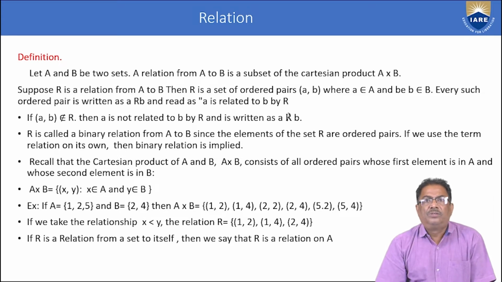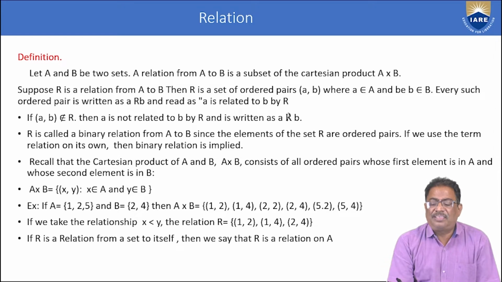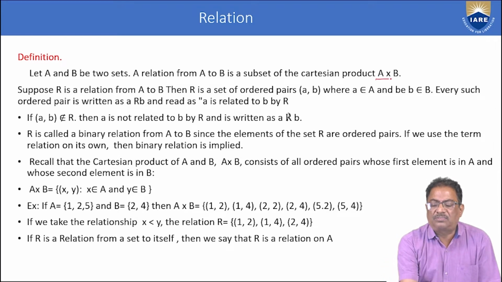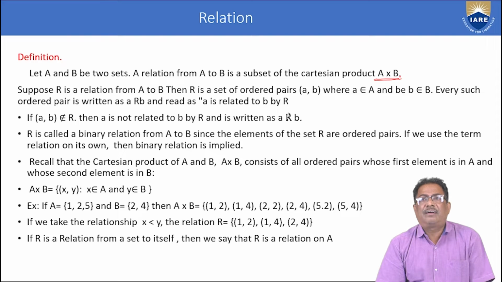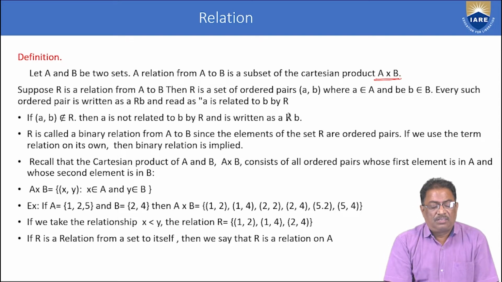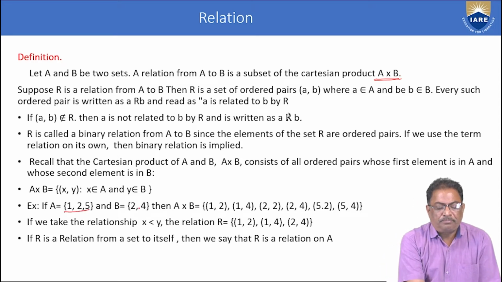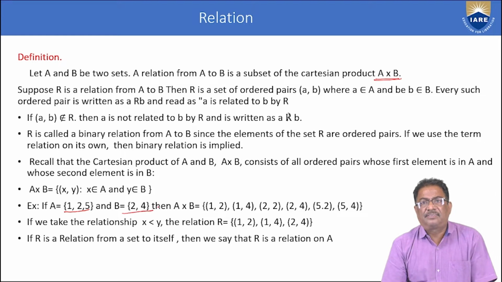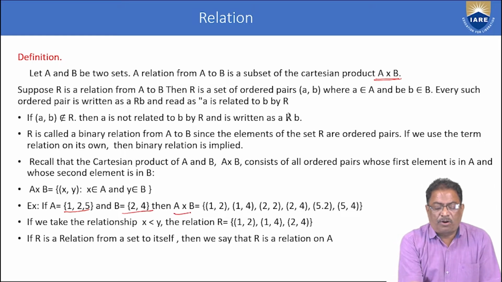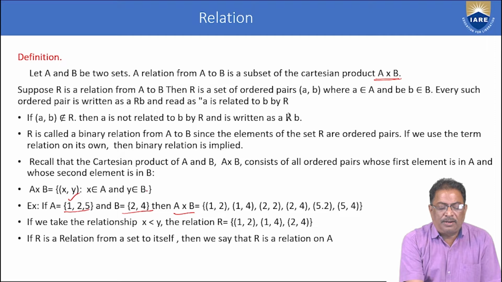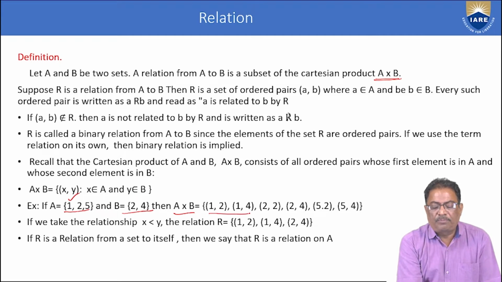Let us see what the Cartesian product of two sets is. Suppose A and B are defined like this. Then the Cartesian product is: 1 related to 2 and 1 related to 4.